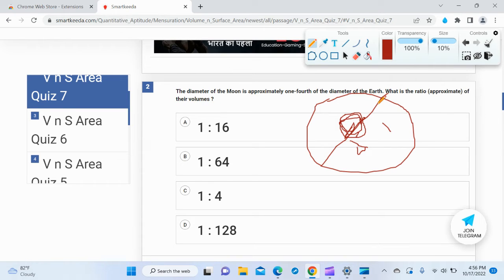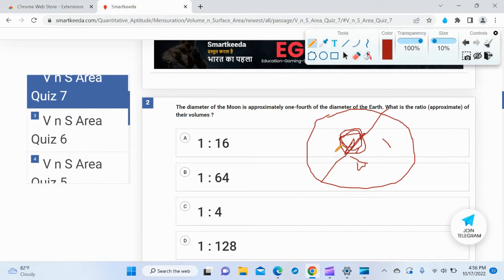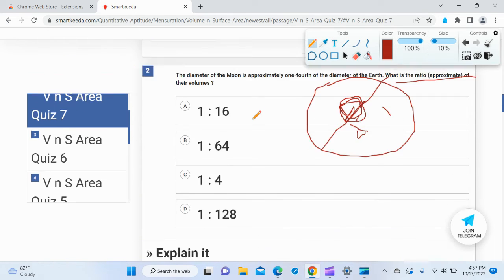This is the relation of their diameter, earth and moon. Now we have to calculate the relation of volumes. We know that earth and moon are both spherical balls. Why is it saying approximate? Because earth is not completely spherical, but still we are considering it as spherical, and then we can solve it.